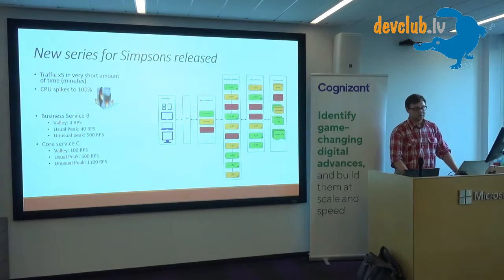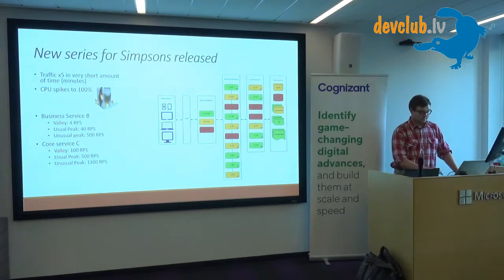We have quite a lot of spikes, because when a new series like The Simpsons comes out, everyone wants to watch it, and there is a spike of 5 times more. Business services were sometimes fine, but core services were already quite peaked. We didn't have a nice scaling approach. You could only scale manually or by scale groups, which was quite insufficient.